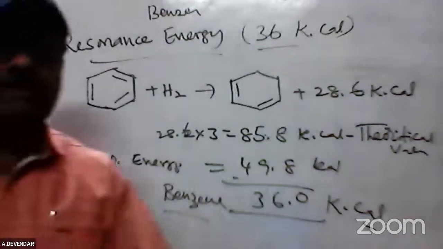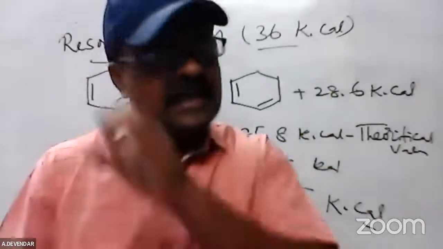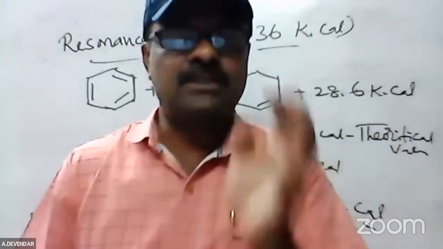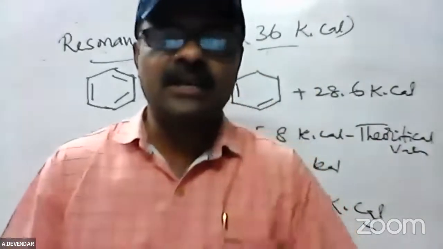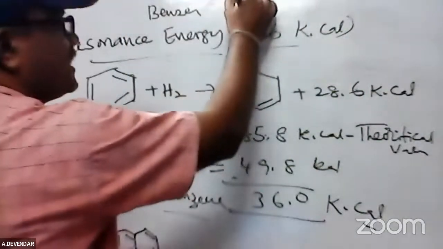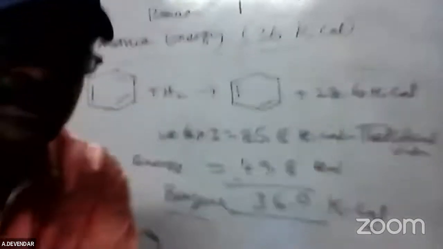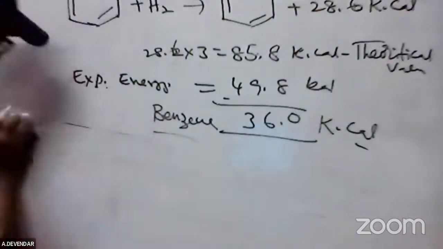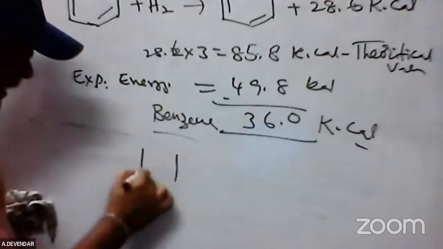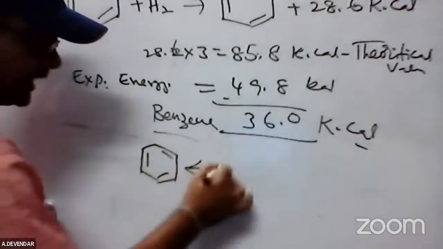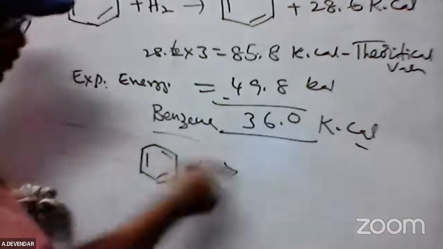This is the maximum resonance energy in any compound. You don't get 36 elsewhere. Only benzene has this highest resonance energy, due to its resonance structures. What are the resonance structures? I will write them from the bottom here. The resonance structures have alternating single and double bonds, and we write arrow marks towards both sides.